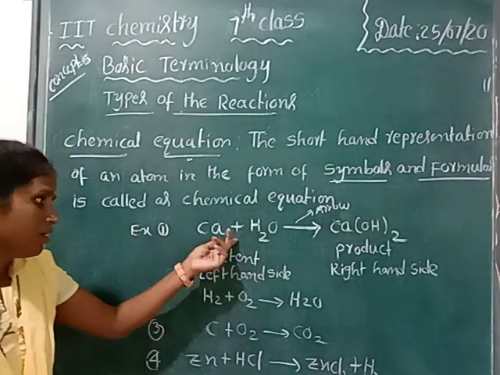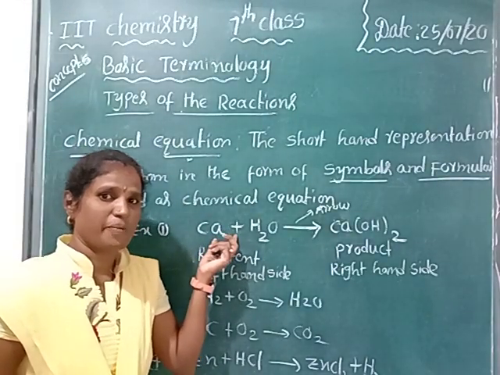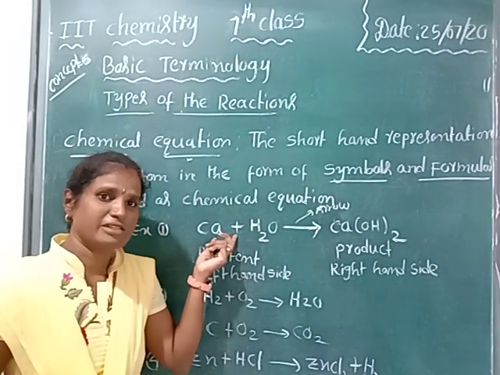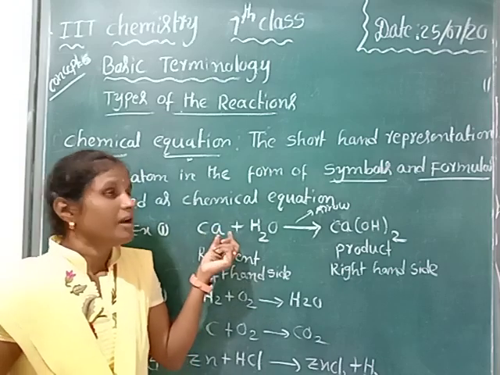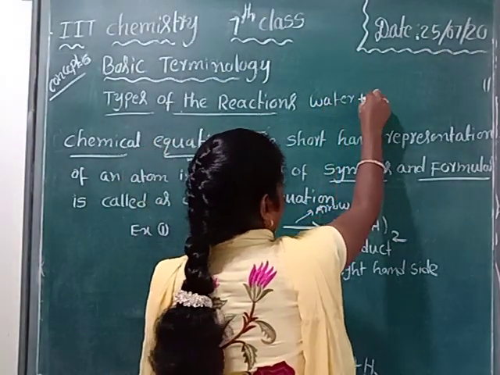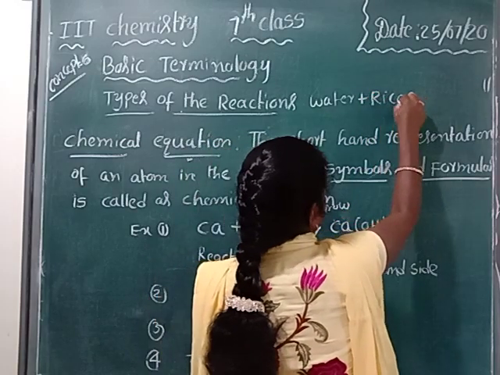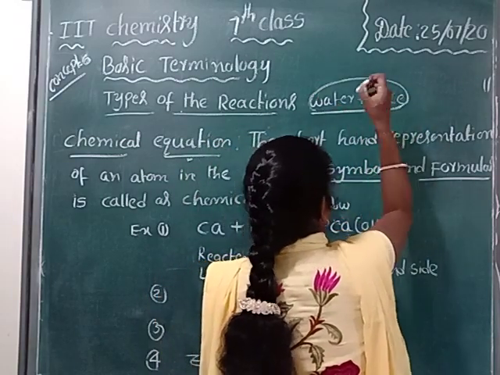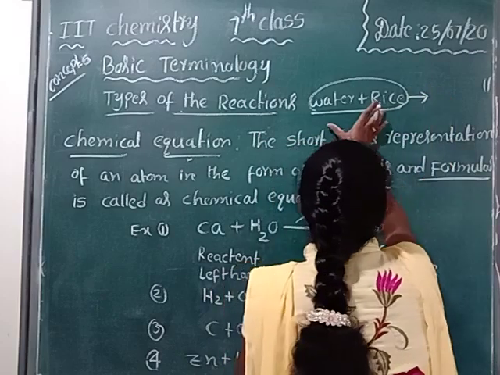For example, you prepare biryani. How is it prepared? How many substances do we take? So many substances, but for example water plus rice. You take water plus rice. So many substances are involved in the reaction.